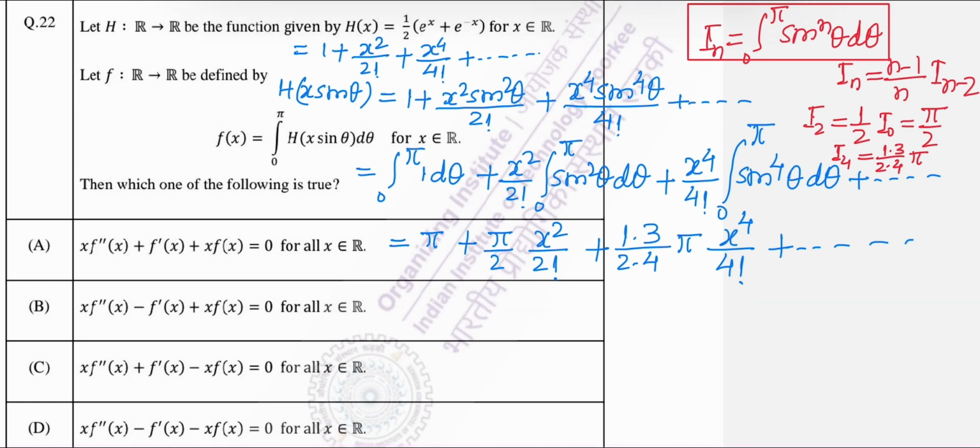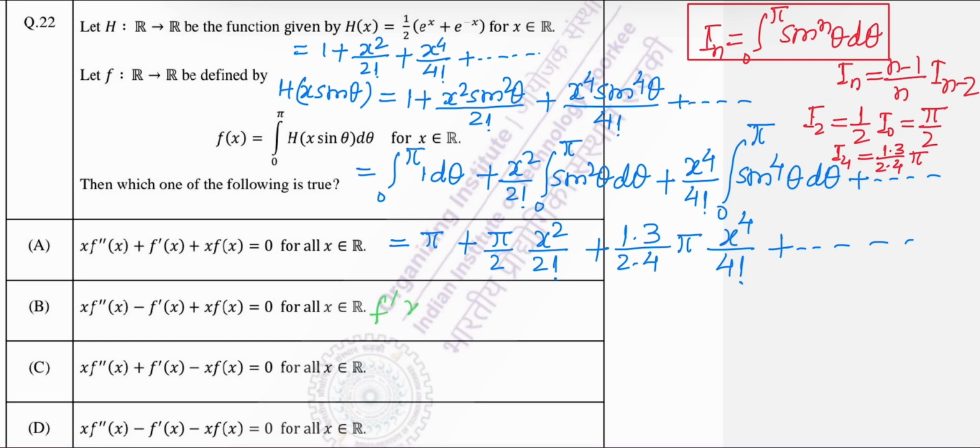Now we need, you see in the options, in all options, f double dash x and f dash x. So we find these derivatives. First we find f dash x, which I write in green.